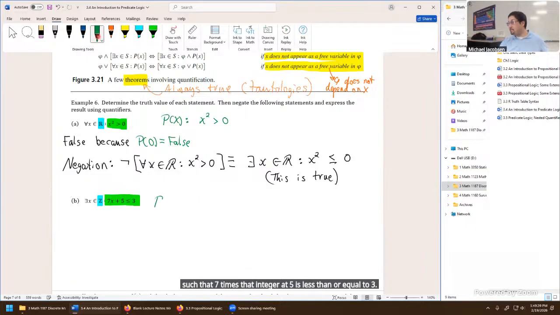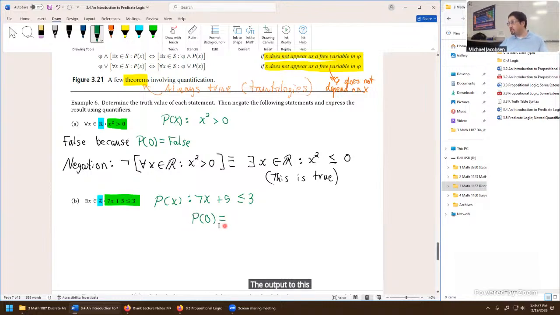So this time the predicate statement is p of x, 7x plus 5, less than or equal to 3. And, well, if we just plug in some values, say you put in a 0 inside there, the output to this is either true or false. Plugging in 0, we'd get the statement 5 is less than or equal to 3.